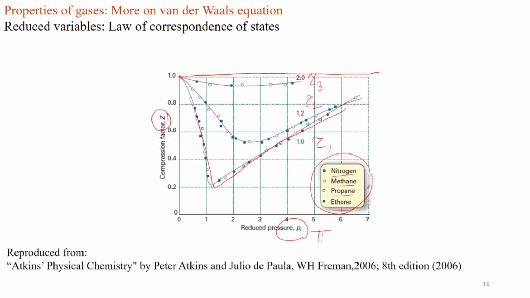And if we plot the compressibility factor against the reduced pressure, it is not surprising that all the gas molecules should behave in a similar way, because there is no explicit constant in the equation that corresponds to a particular gas molecule.